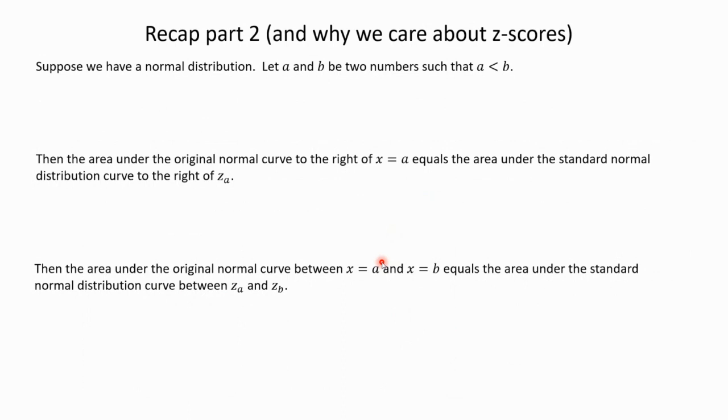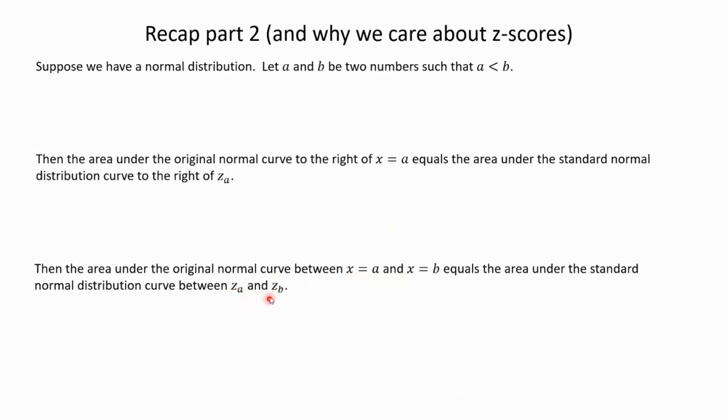And also, if you wanted the area between x equals a and x equals b under the original normal curve, meaning you want the percentage of data values between a and b, it's the same as the area under the standard normal curve between these two z-scores.